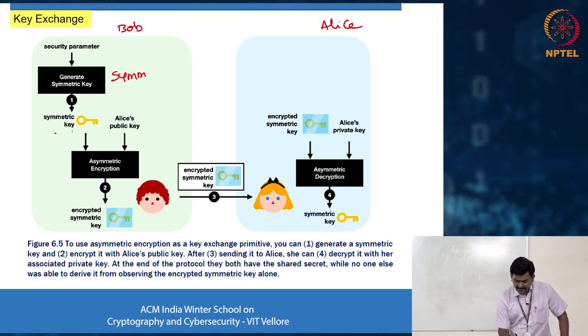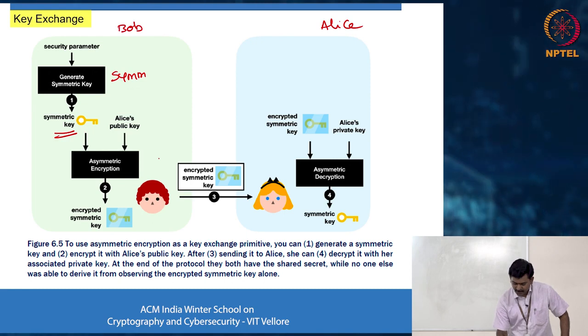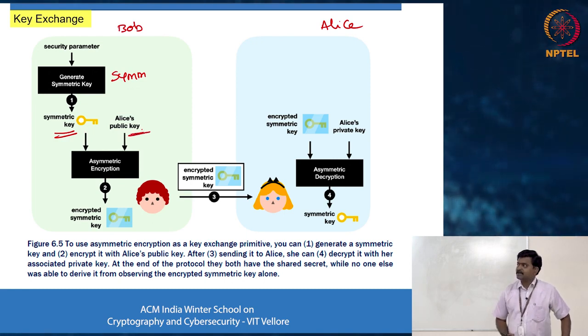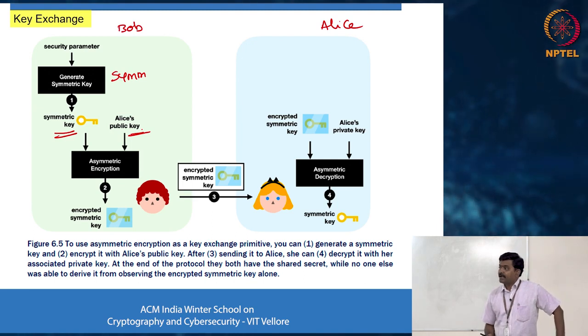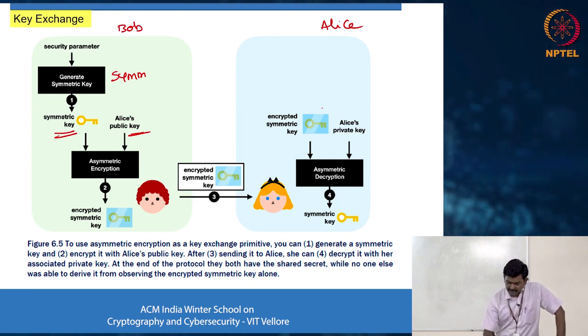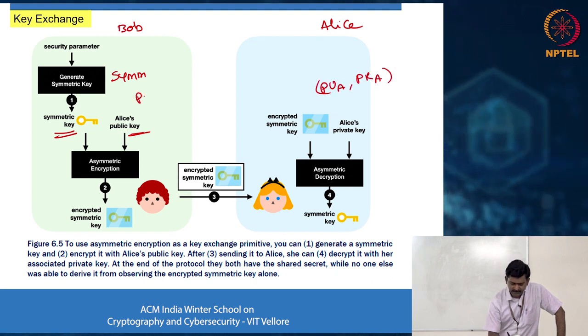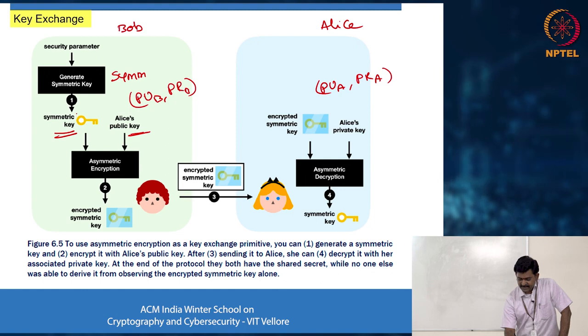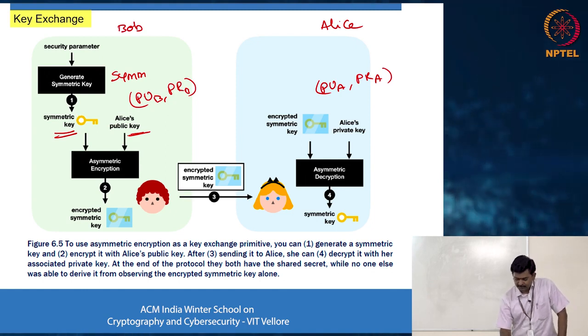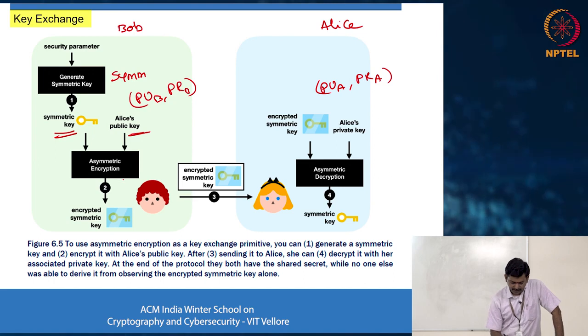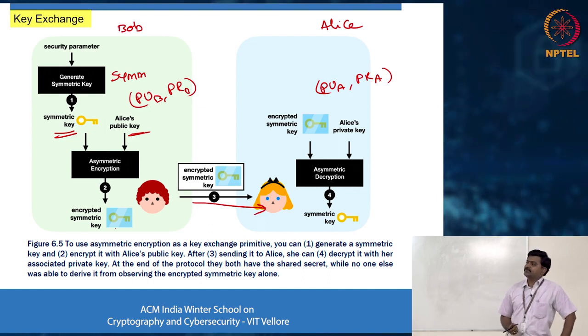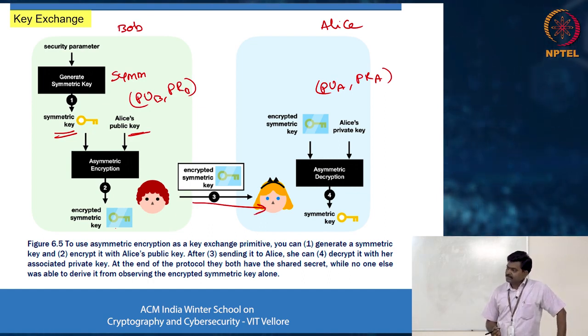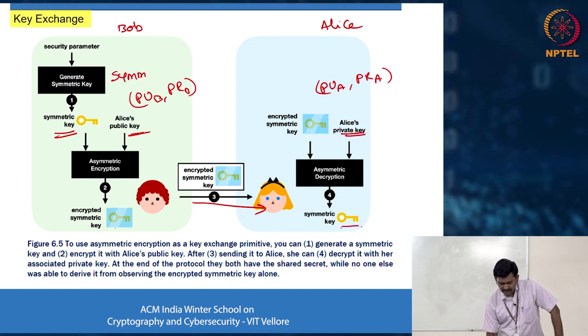That symmetric key is encrypted with the help of Alice's public key, because Alice has a key pair PUA, PRA, and Bob has a key pair PUB, PRB. So Bob encrypted the symmetric key with Alice's public key, and this encrypted symmetric key is shared with Alice. Alice decrypts that with her private key, then gets the symmetric key.